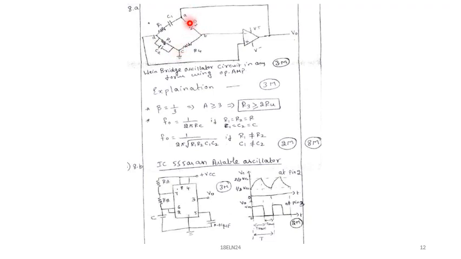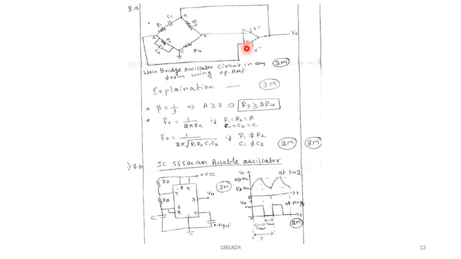One terminal is connected to the input, another terminal is connected to the output. So this is the feedback resistance, and this resistance is connected to the input side. Basically it is acting like a non-inverting amplifier here. So the phase shift around the loop is 0 degrees here.